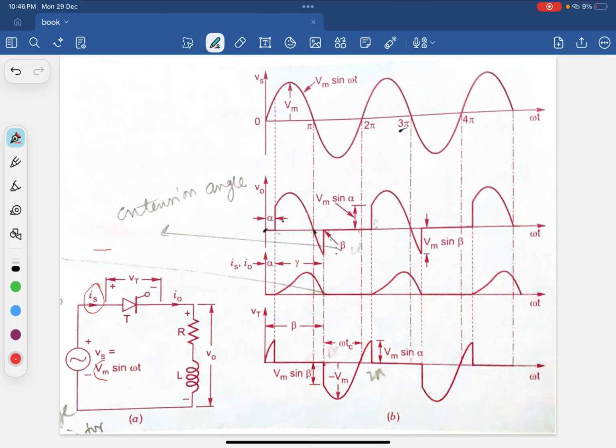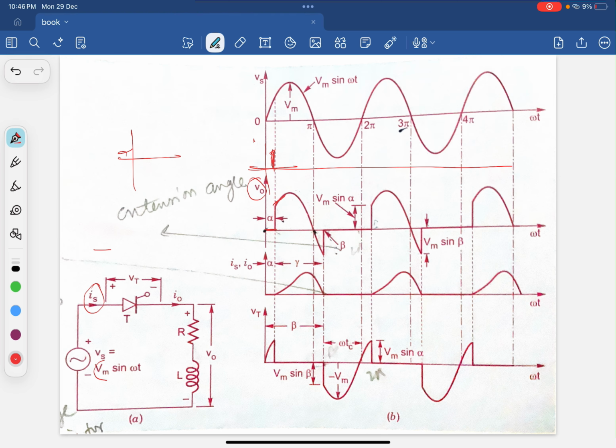As you can see, this is the sinusoidal waveform and we will check what output voltage we get. After the firing angle alpha, that is a delay of angle alpha, we have triggered the SCR at this firing angle. What we observe is a gradual increase in the voltage.